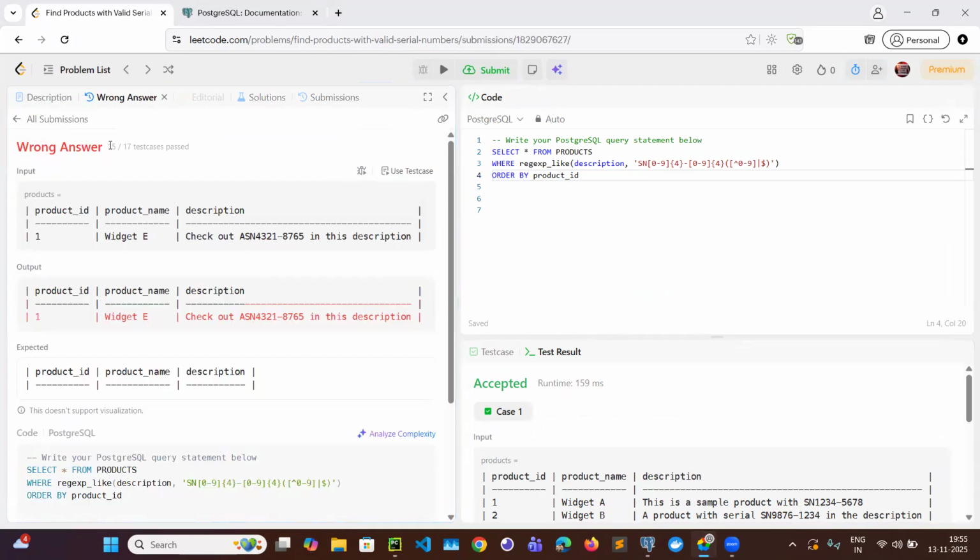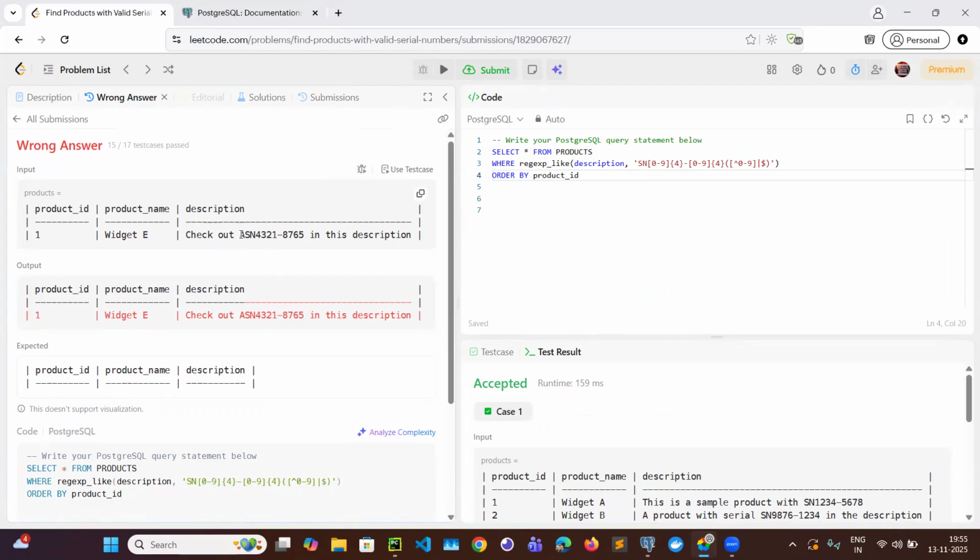So you could see out of 17 tests, 15 pass and 2 fail. So why? As I told you, if it is starting with some letter A, B, then it is matching, but it should not match. So basically what we need is either a space in front.